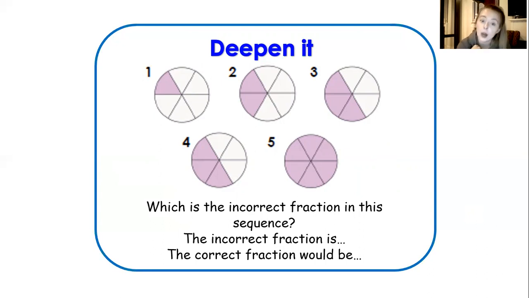So firstly work out if it's going in ascending or descending order, and then tell us which is the incorrect fraction and why. So we want you to use some of these sentence stems. The incorrect fraction is, and tell us why. And I want you to then tell us what the correct fraction would be. So what should that incorrect fraction be instead to make it correct?